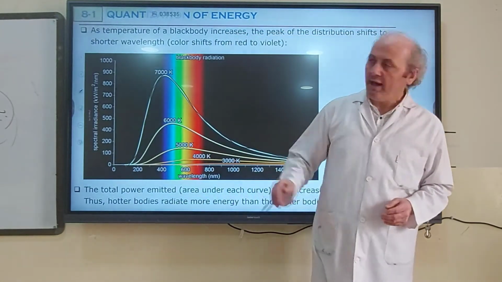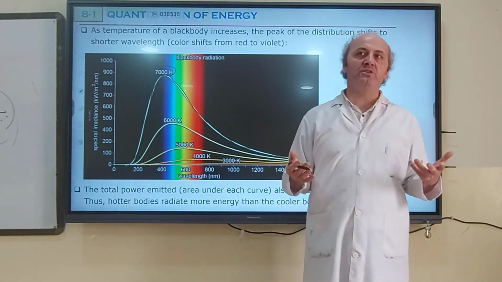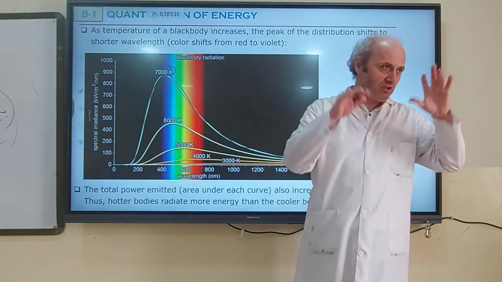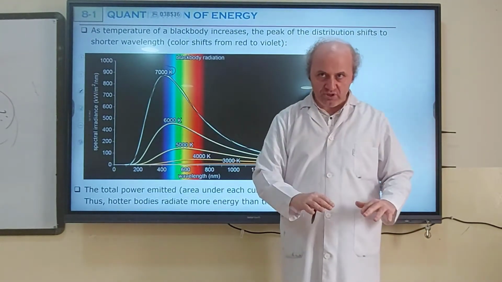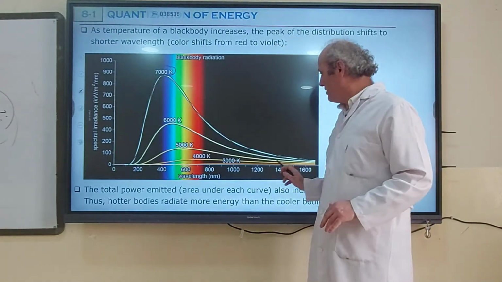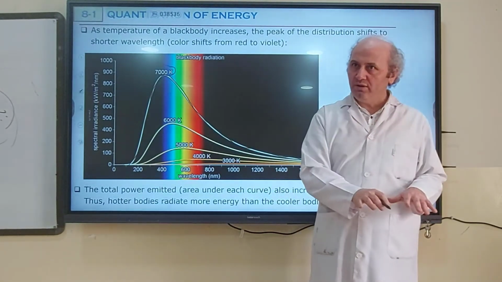What does it mean? At 7,000 Kelvin, the power of the radiation is the most powerful. But as the temperature of the black body decreases from 7,000 to 6,000, the area under the curve becomes smaller. That is, the power of the radiation decreases.